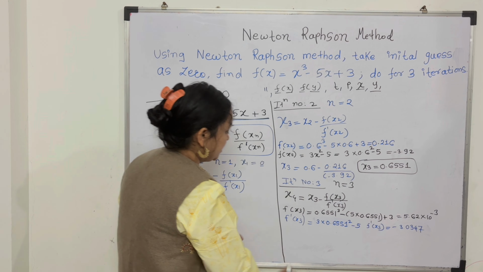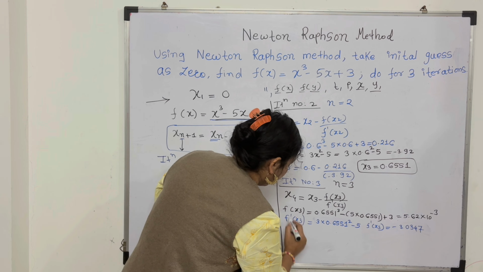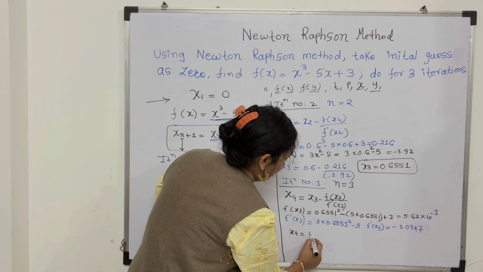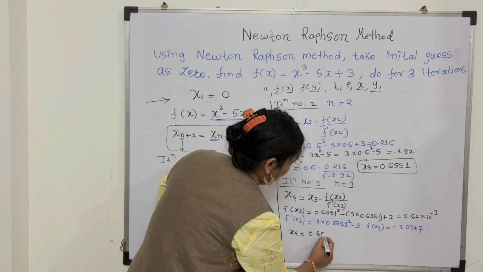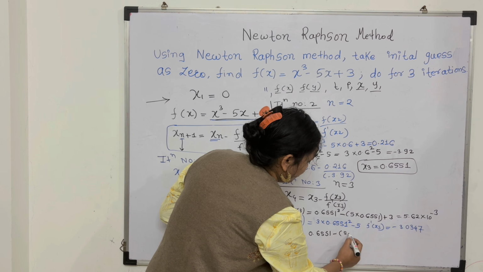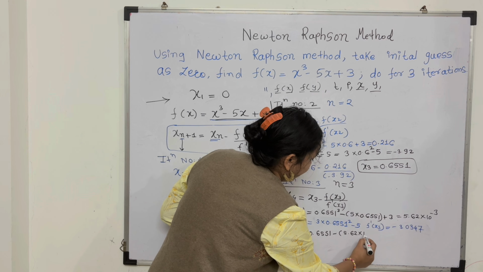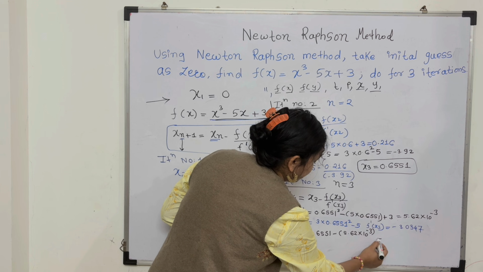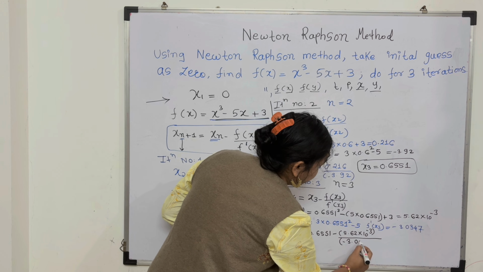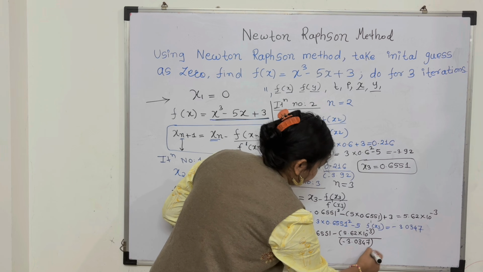Now you just put the values over here into x4, which is equal to the x3 value 0.6551 minus this value, 5.62 multiplied by 10 raised to minus 3, divided by minus 3.0347.